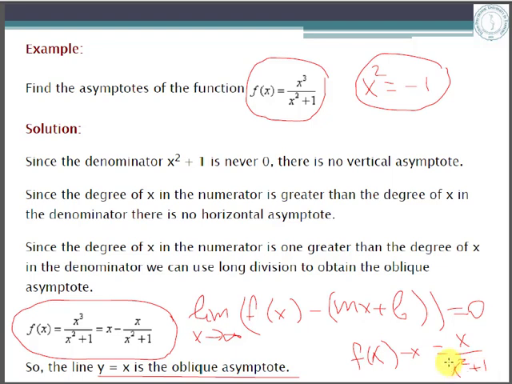The limit of this function tends to 0 as x tends to infinity, because the power of the denominator is greater than the numerator.